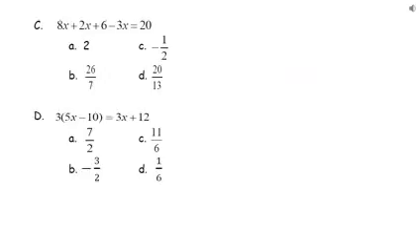All right, letter C. On this one, the first thing we're going to do is combine like terms on the left side of the equal sign. So remember, whenever you're combining like terms, you do what it says. So 8x plus 2x gives us 10x, and then minus 3x will give us 7x. So I've got 7x plus 6 equals 20.